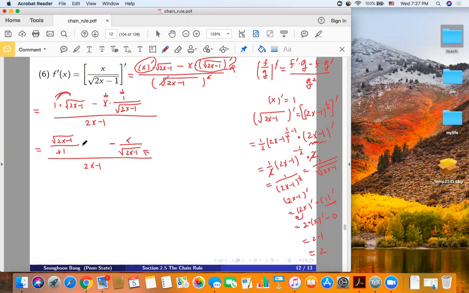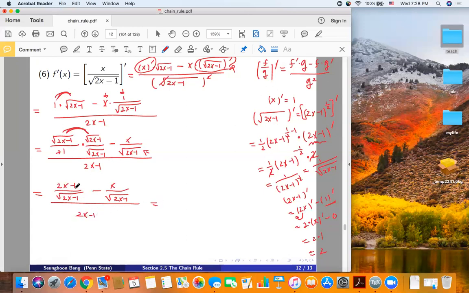You have to change the first fraction with the common denominator, the square root of 2x minus 1. Like this. This is the same as the square root of 2x minus 1 times the square root of 2x minus 1, the square root is gone, only 2x minus 1, over the square root of 2x minus 1, minus x over the square root of 2x minus 1, over 2x minus 1.